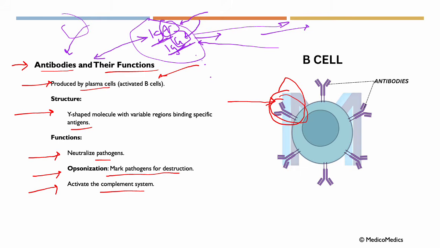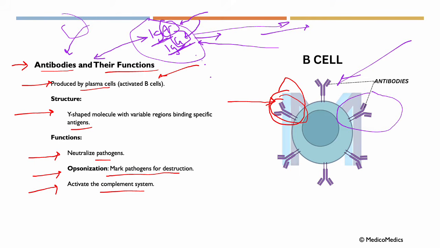Now, what is the structure of this antibody or of these antibodies? They have a very characteristic Y-shaped structure, as you can see illustrated here. And it has two main components that are high yield for you to know. We have a variable region and we have a constant region.